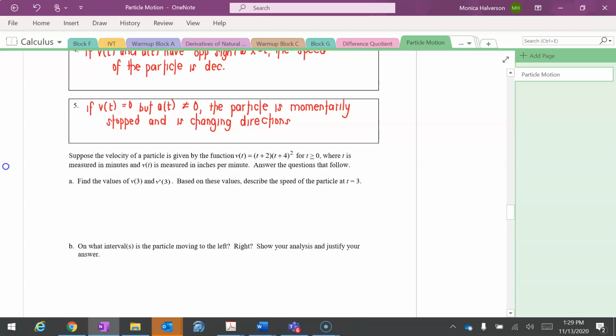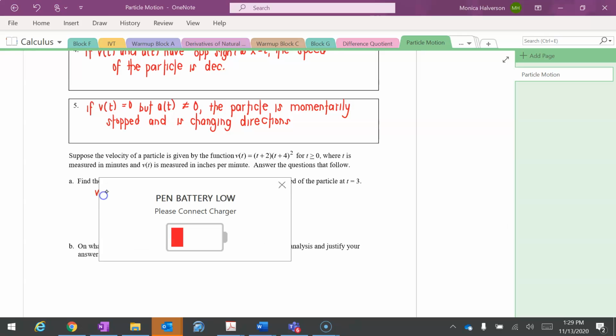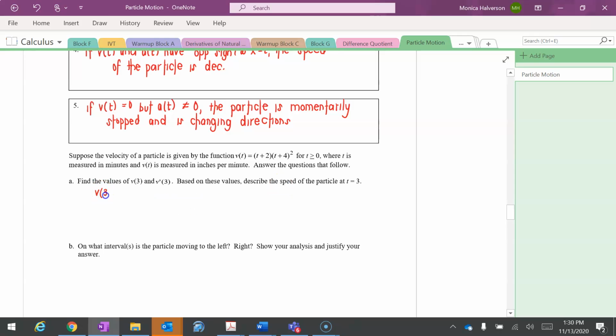So the first thing they want you to answer is, what is the velocity at 3? This is an easy problem where all you have to do is plug in 3 for t. So we get 5 times 7 squared, and that would be 245 inches per minute.